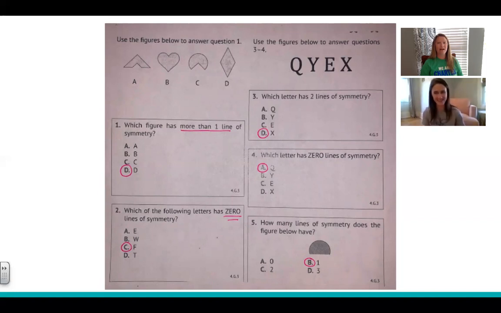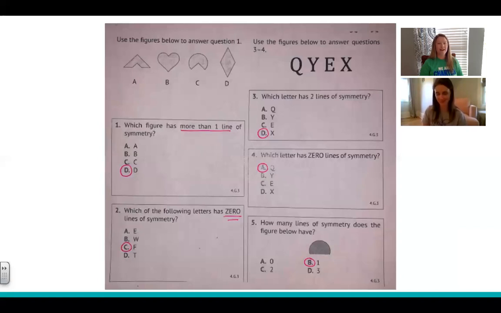I would say a kite or a rhombus without really measuring it out or studying it too carefully. It definitely has a vertical, straight up and down, and then a horizontal. So it has two from this picture that I can tell. So the answer is D, shape D.